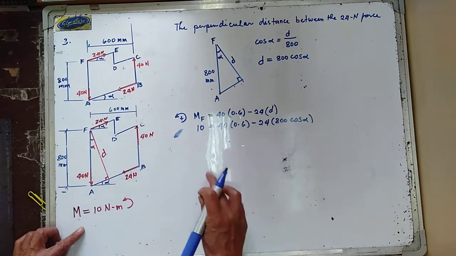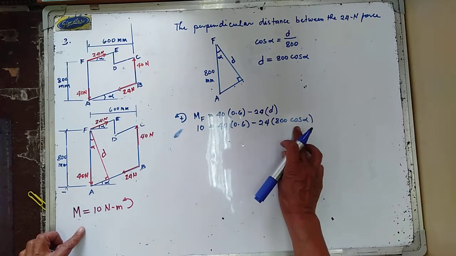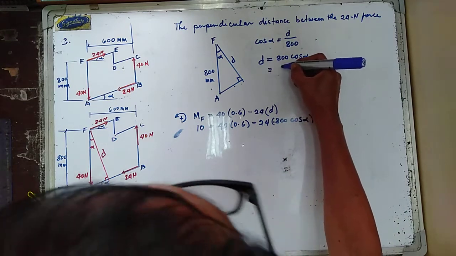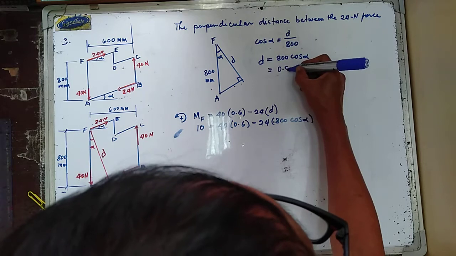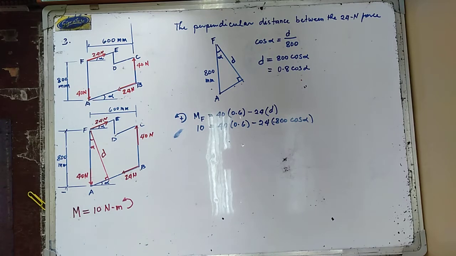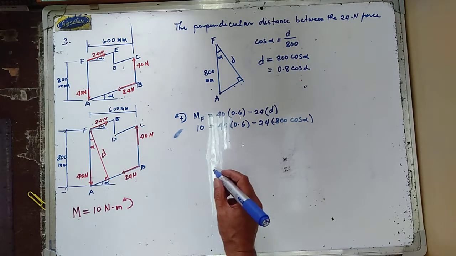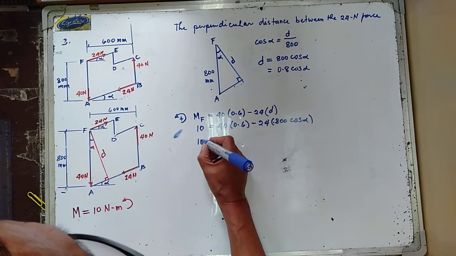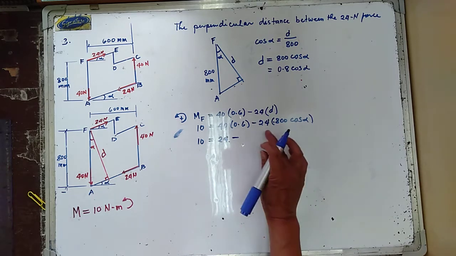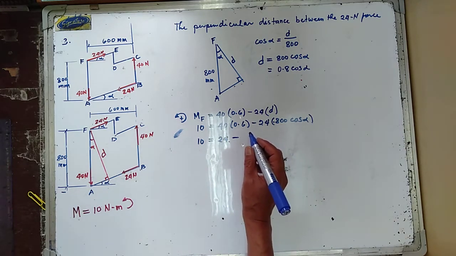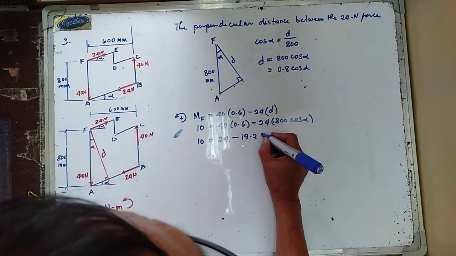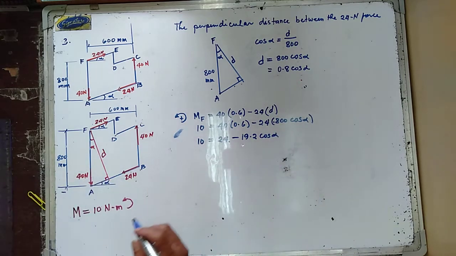So it is 10 Newton meter, and D in meters is 0.8 cosine of alpha. Therefore 10 is equal to 24 minus 24 times 0.8, which is 19.2 cosine of alpha.